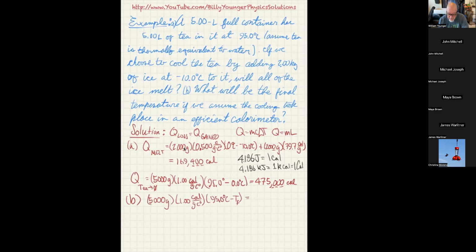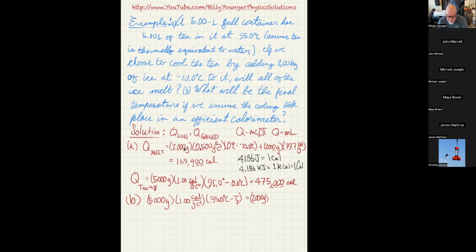Now the heat gained will be gained by the ice. And the first thing that's going to happen is the ice is going to change temperature. So that's 2,000 grams. And we know it's more than enough to completely melt it all, so I don't have to worry about whether the temperature is just 0. I can just go on and assume it's going to be higher than 0.